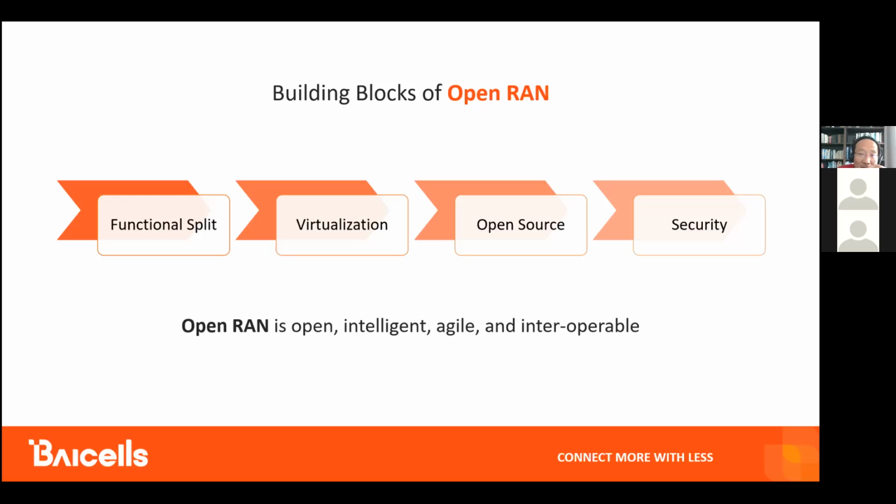Open RAN provides a higher level of security because the RAN network has been broken down into different components, so that if an individual component has a security risk, you can easily fix it or even replace it, change it out without too much impact on your network operation.